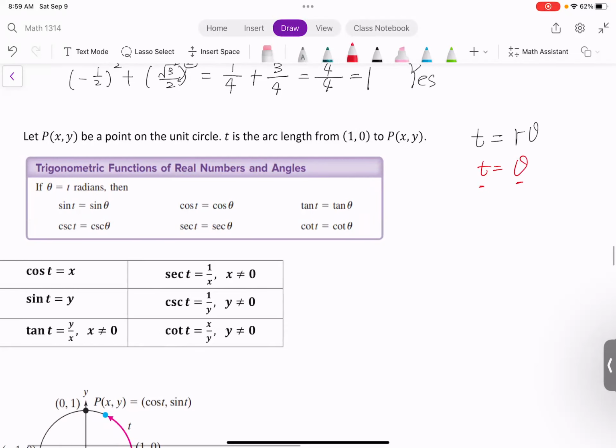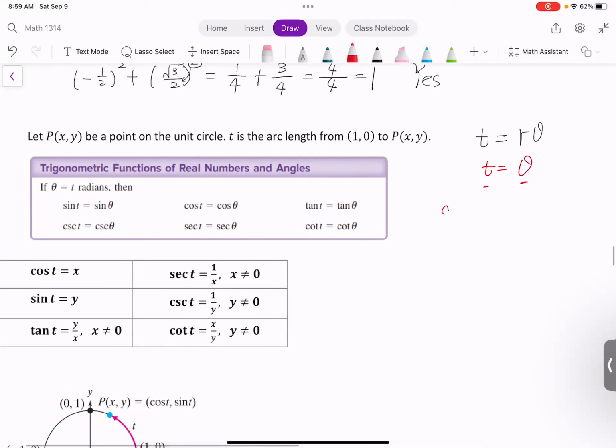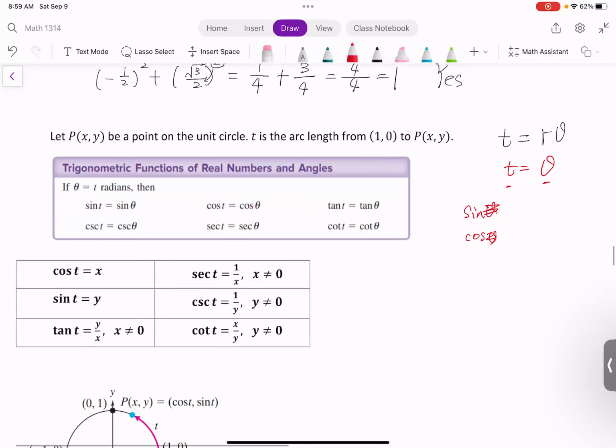That means if I have the 6 trig functions, for example sine theta, cosine theta, the theta can be replaced by T. So if theta equals T, all the 6 functions can be replaced: sine T, cosine T, tangent T, and their reciprocals. And remember that T and theta are now in radian mode, not in degree mode.